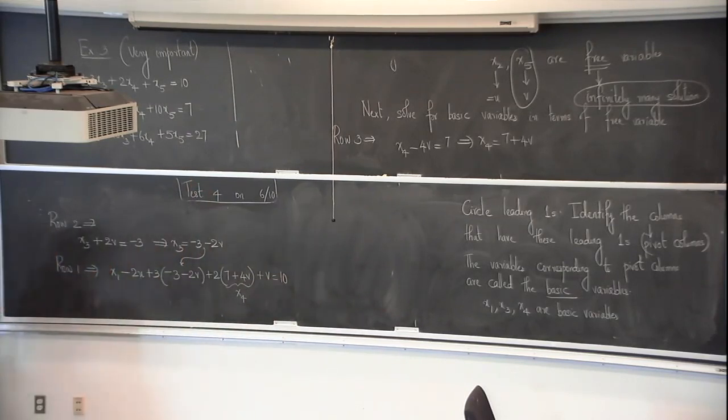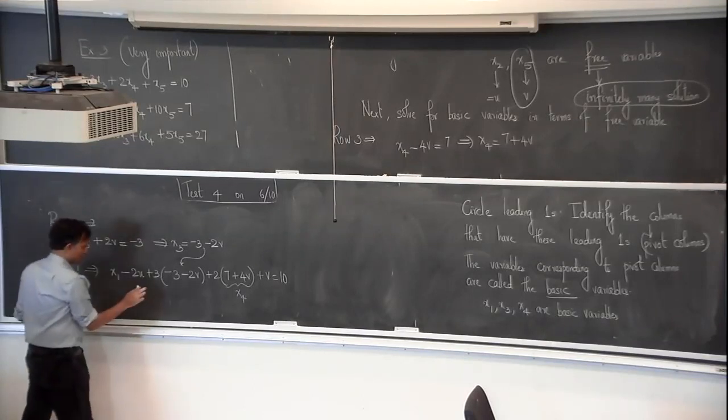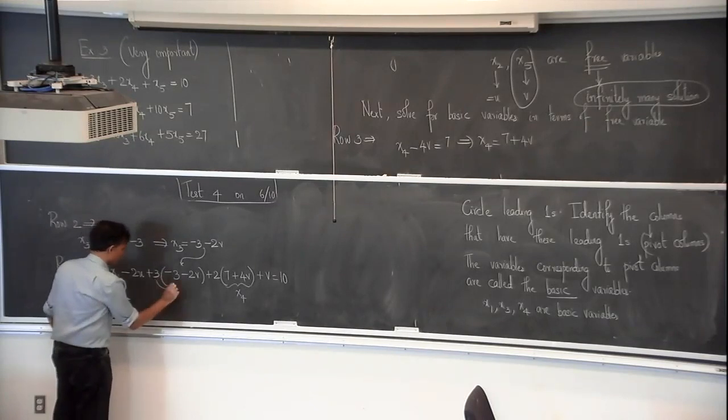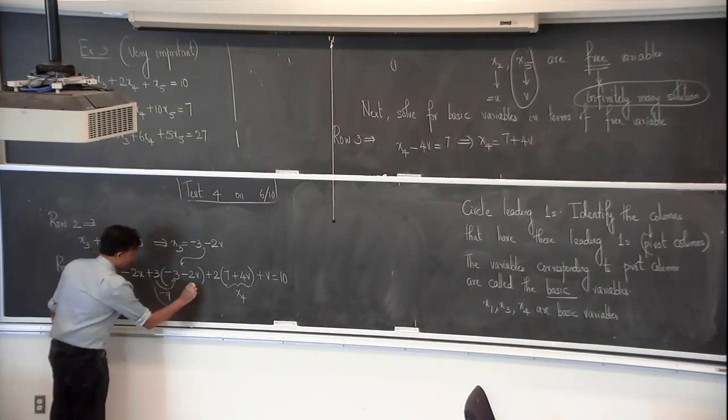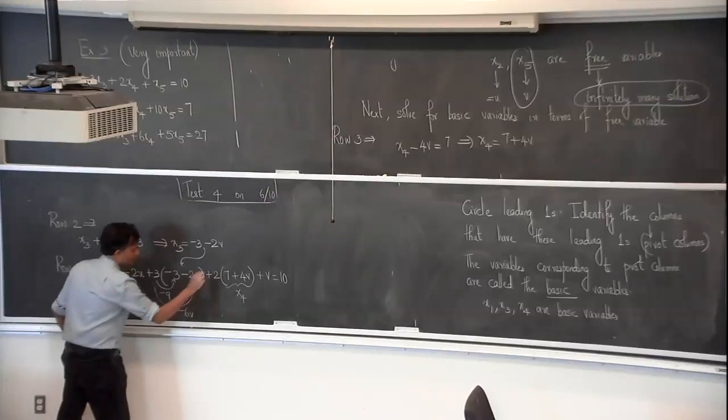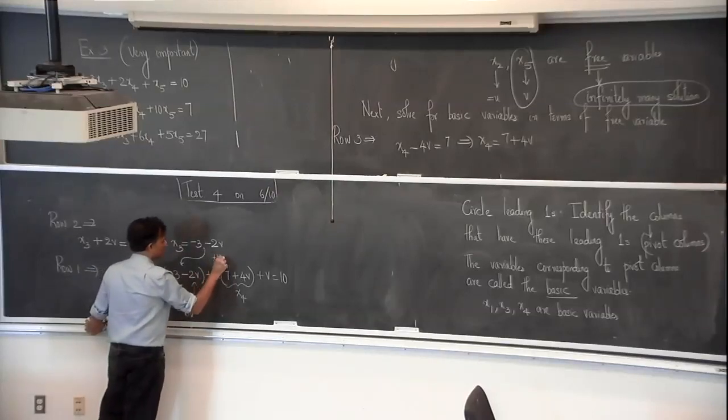So at this point, irrespective of the complicated appearance of this equation, the only variable remaining is x1. So let's just clean up the other terms. This is negative 9. This is a negative 6v. That's a positive 14, and a positive 8v.